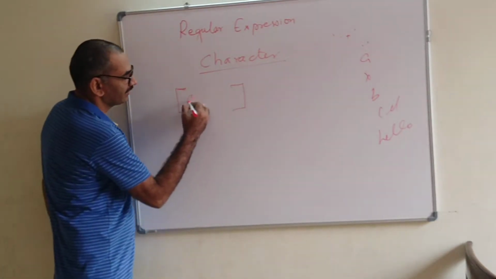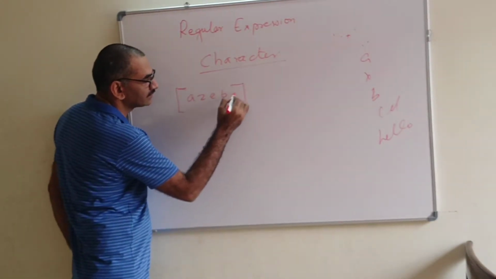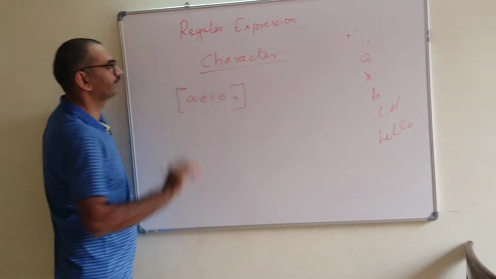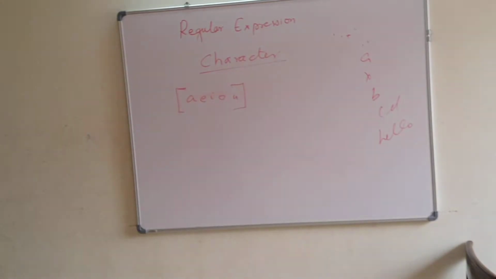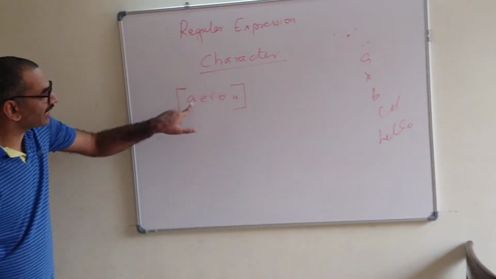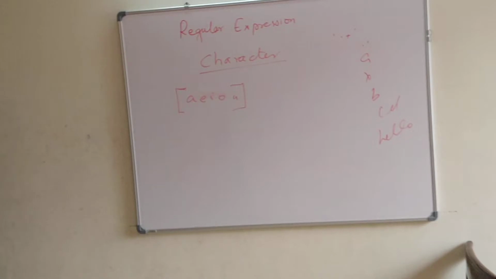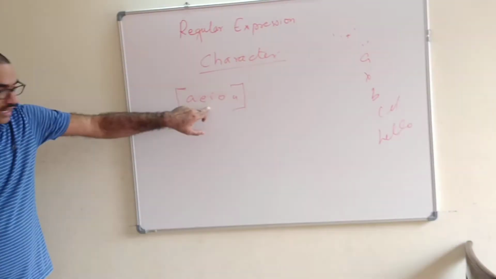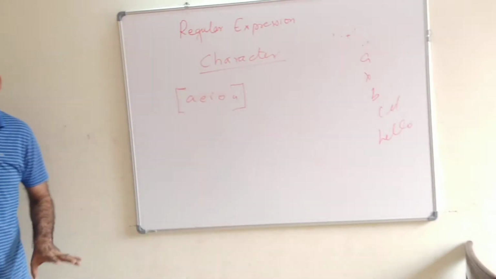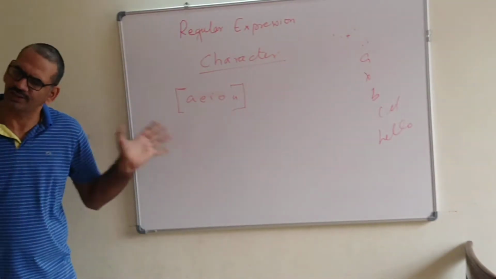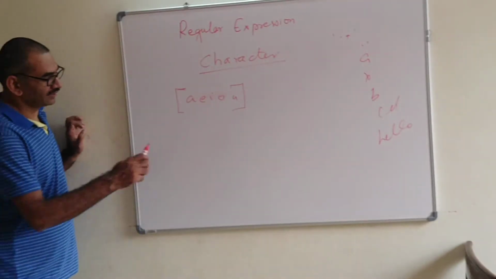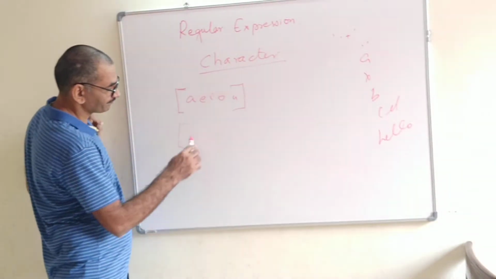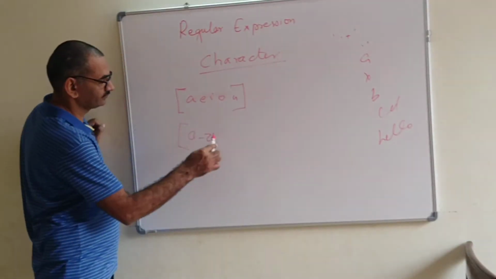For example, A, E, I, O, U. What this means is any one of these characters is valid: either A, or E, or I, or O, or U. It does not mean all of them, just any of these.